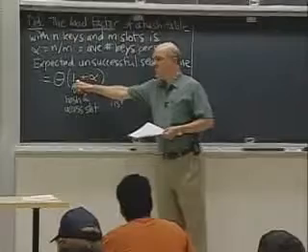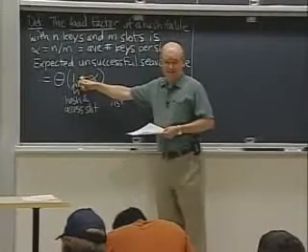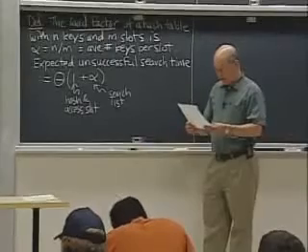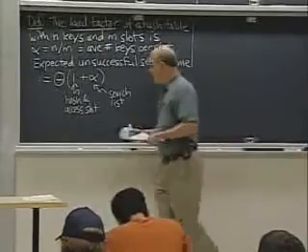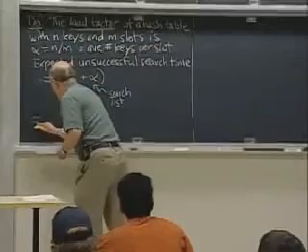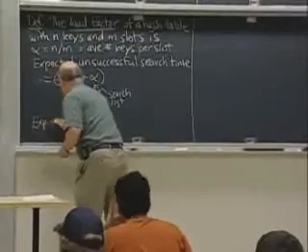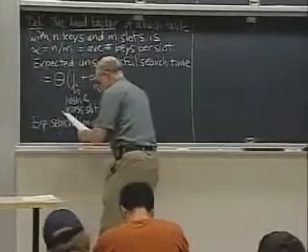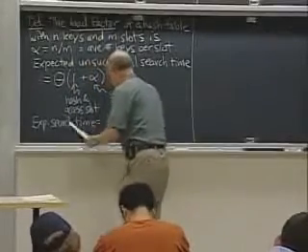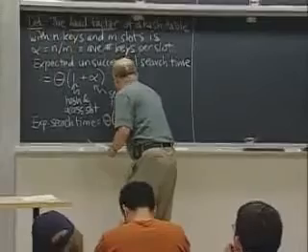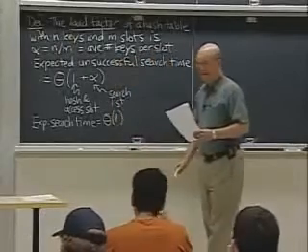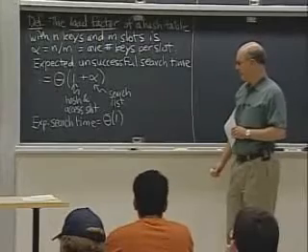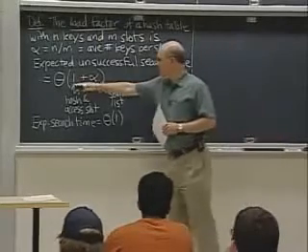If alpha is less than 1, it's constant. So when is the expected search time equal to order 1? So when is this order 1?